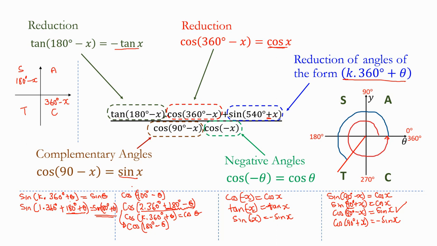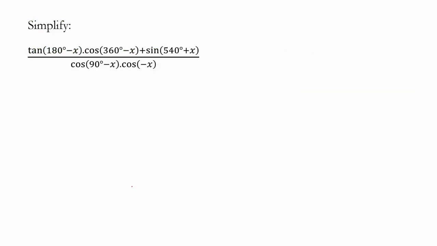Okay, and then let's just do everything together now. So what can we do now? We've discussed everything. So tan 180, I said in the second quadrant, this is going to be negative tan x. So it's negative tan x. And let's protect our things using brackets like this. And then we go to the second one, cos 360 degrees minus x is in the fourth quadrant, and cos is positive there.